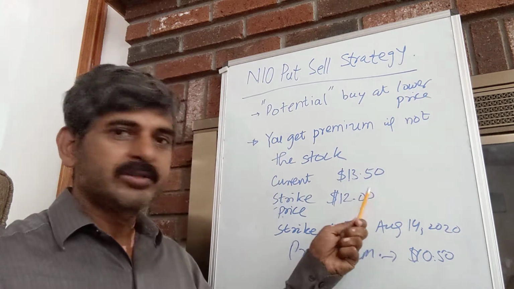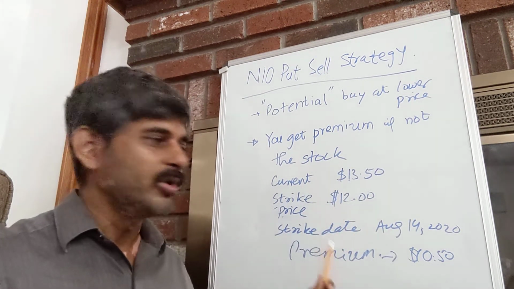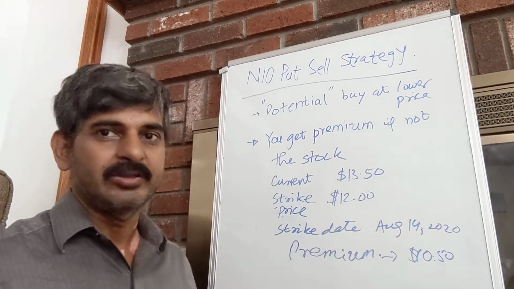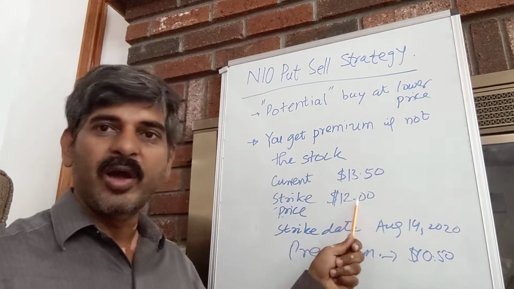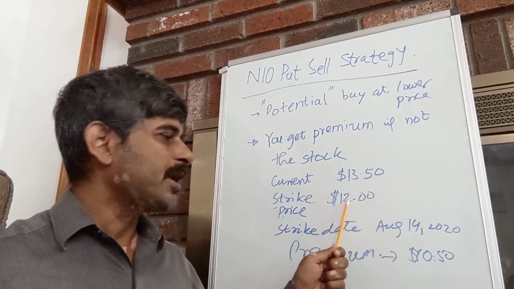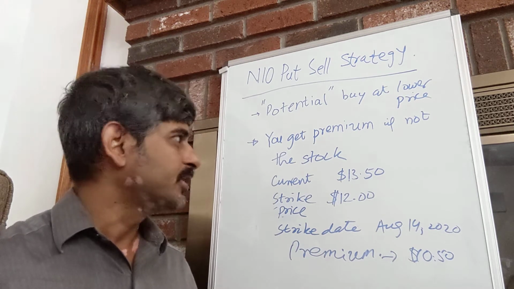But let's say the share goes below 12, and it keeps going down. On August 14, it's at $11. I get the share at $12, and I also get the premium, so my effective price is $11.50.